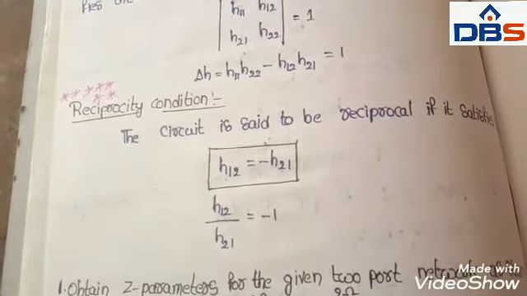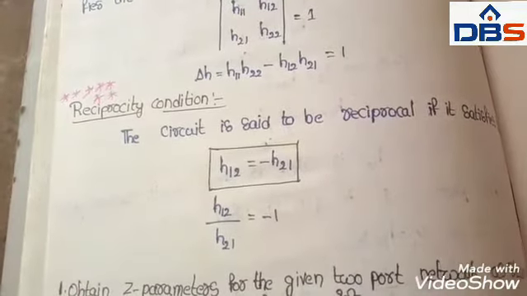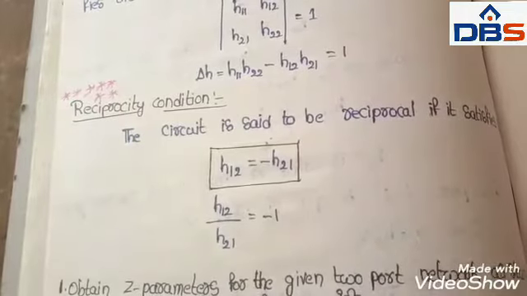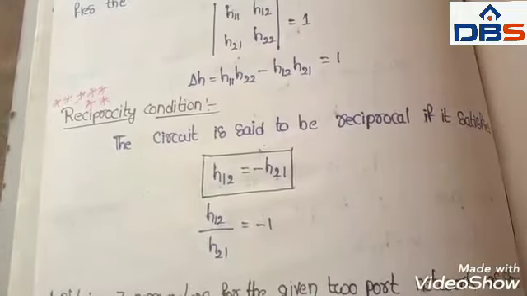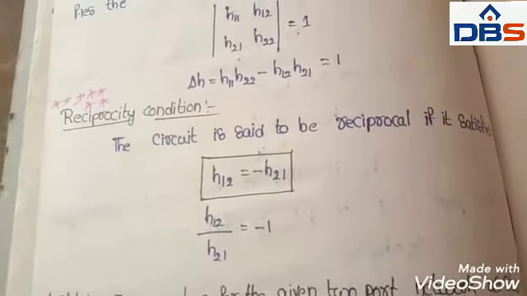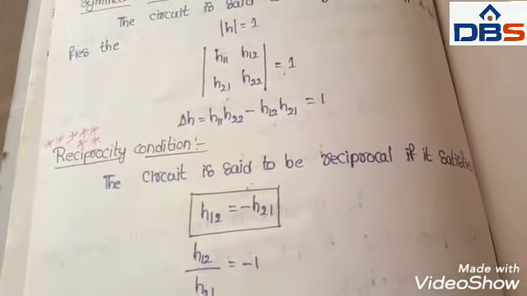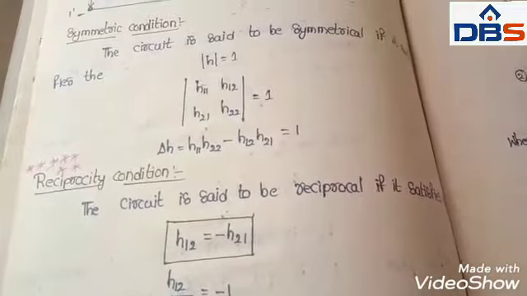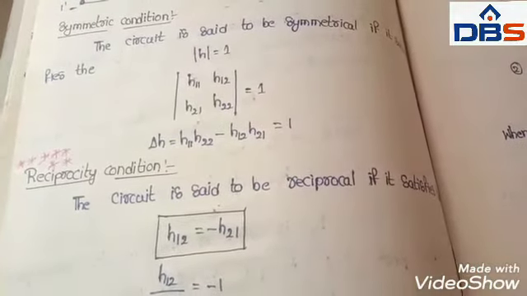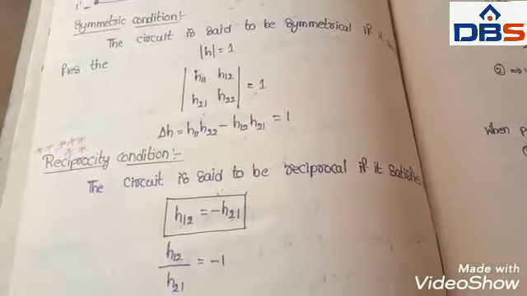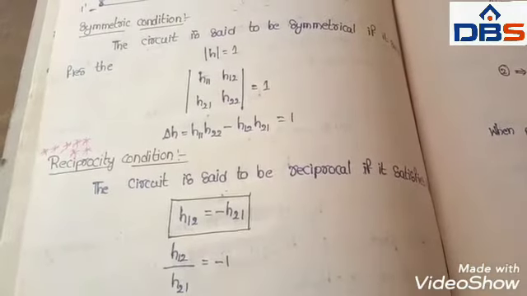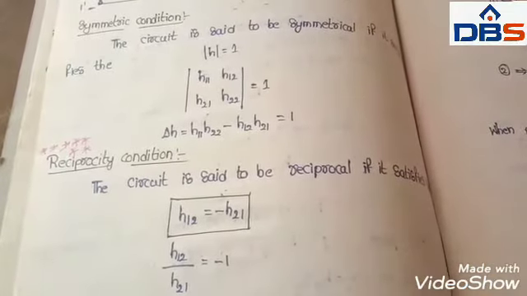Like that, the main parameters are z parameters, y parameters, ABCD transmission parameters, and hybrid parameters. Clearly, z parameters express port voltages in terms of port currents, V1, V2 in terms of I1, I2, whereas y parameters express port currents in terms of port voltages, that is I1, I2 in terms of V1, V2.